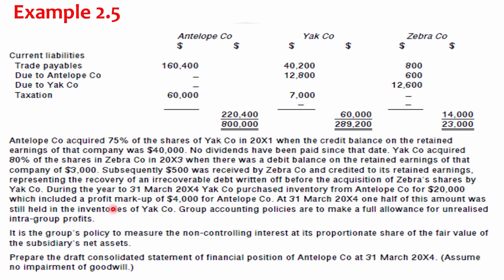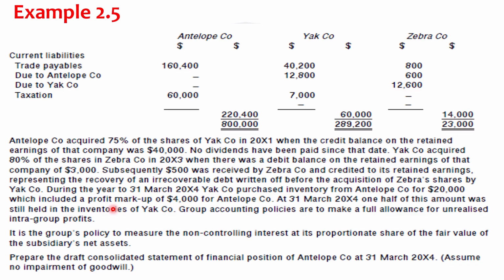How do you get it? For bad debt recovered, the double entry is: it's a bad debt that was written off, so you credit the income and you debit cash.